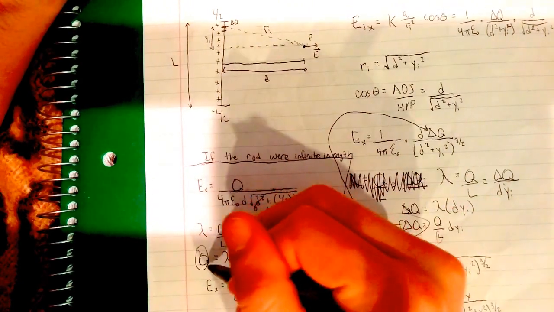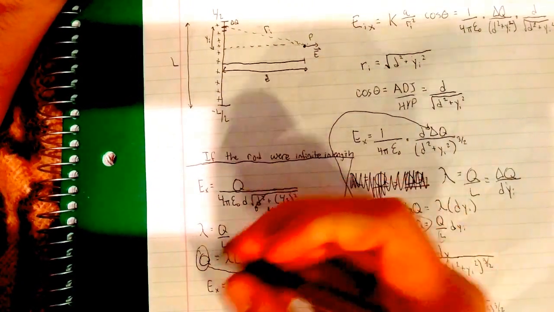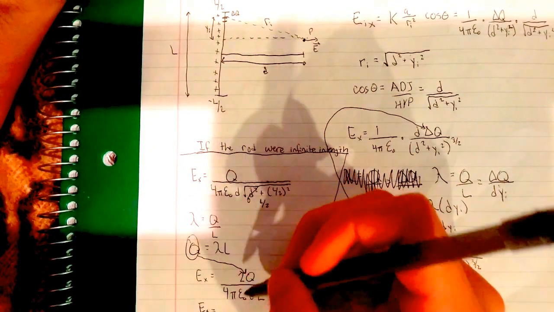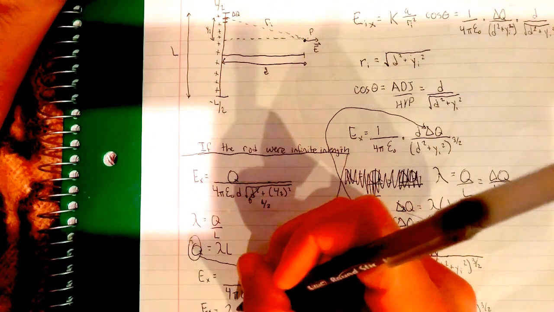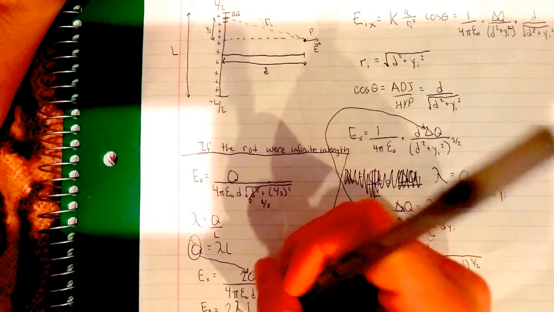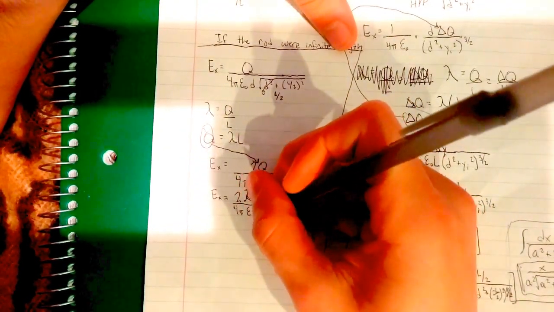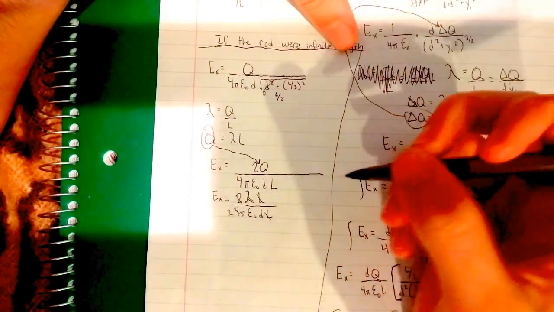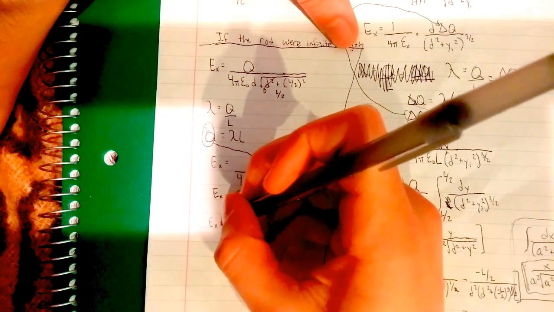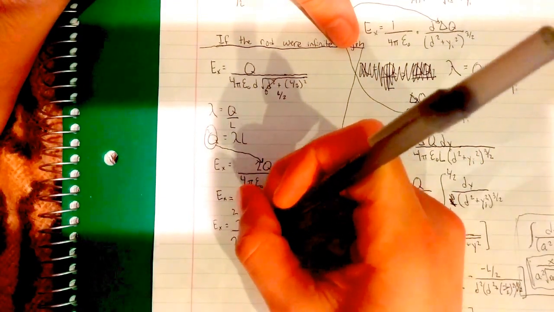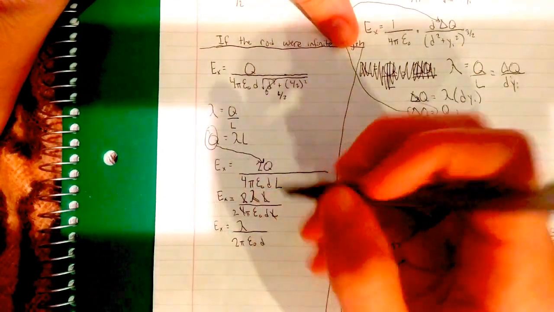And now, plugging this in for this, we get Ex is equal to 2 lambda L over 4 pi epsilon naught d L. That becomes a 2, L's cancel, and the final equation is going to be lambda over 2 pi epsilon naught d.